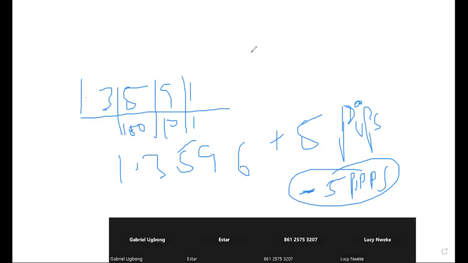So if you give a signal and it did not go in the direction and went to your stop loss, when you are reporting it we will put minus 55 pips or minus 10 pips. I'm just giving you a scenario.